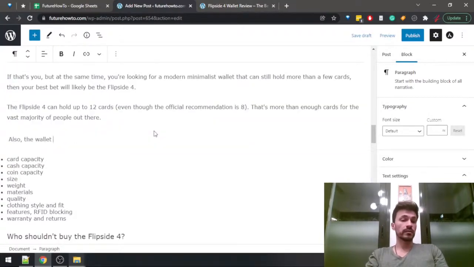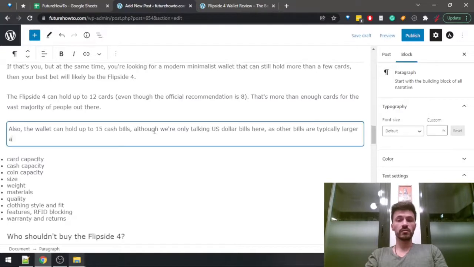Also, the wallet can hold up to 15 cash bills. Although we're only talking US dollar bills here, as other bills are typically larger and may have to be folded over twice to fit.